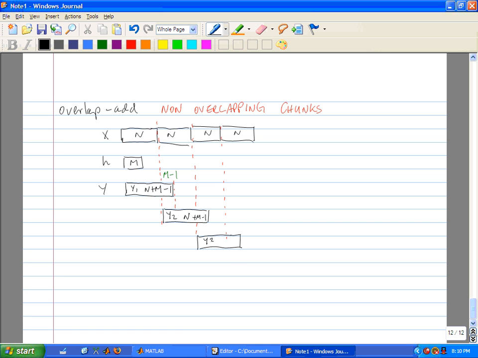So here's y3, and finally here is y4. Essentially, the final step, and the reason why we call it overlap add, is you're going to take this bit and bring it down as is. Let me extend these lines down.